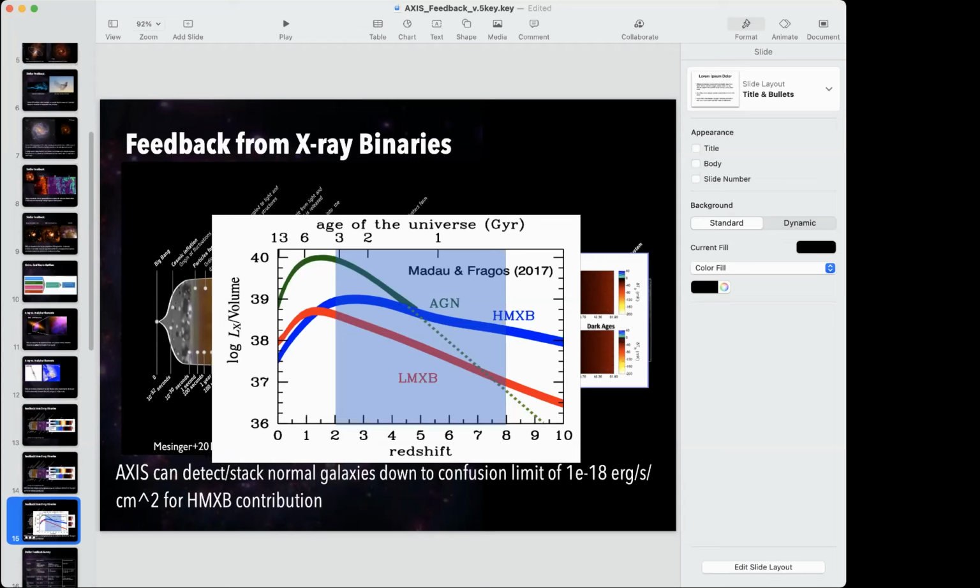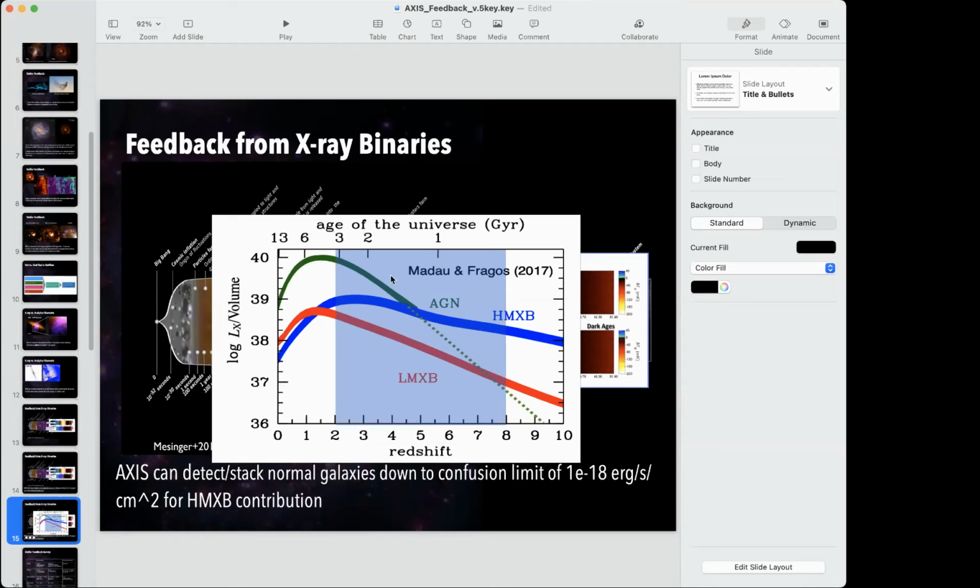Critically, however, we do not have a direct constraint on LX over SFR from normal galaxies as a function of redshift. So redshift 2 is the current Chandra limit, and AXIS could, so this is a potential discovery space, constrain the redshift range between 2 and 8.